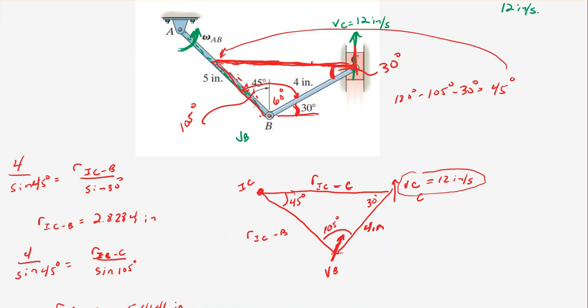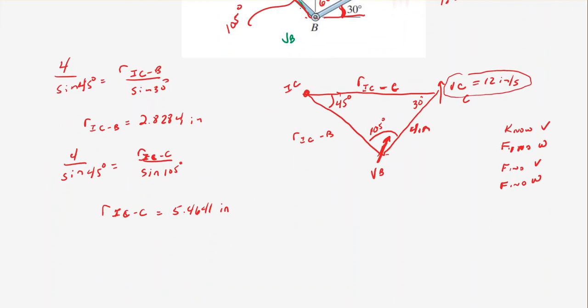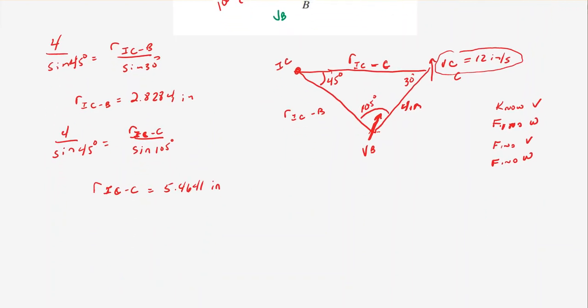We have a velocity, we know a velocity, then we're going to find an omega, and then we're going to find a velocity, and then an omega until we get to the other end. So we're just going to alternate our way across, V, omega, until we get to wherever we want to be.